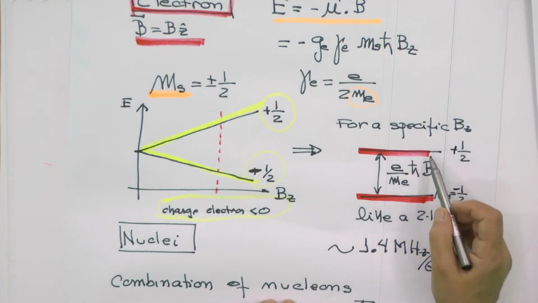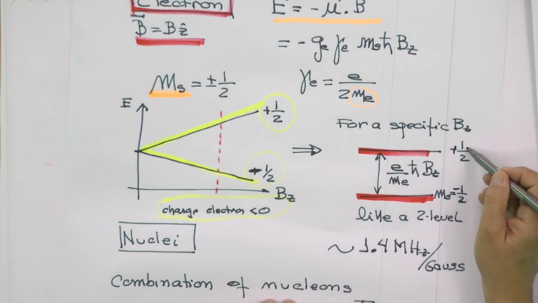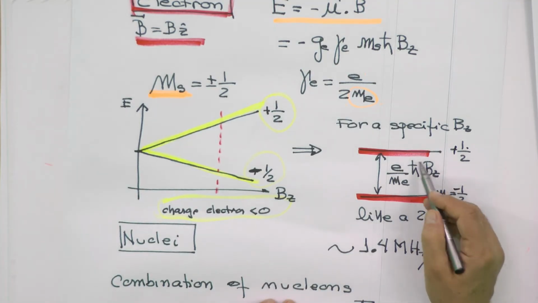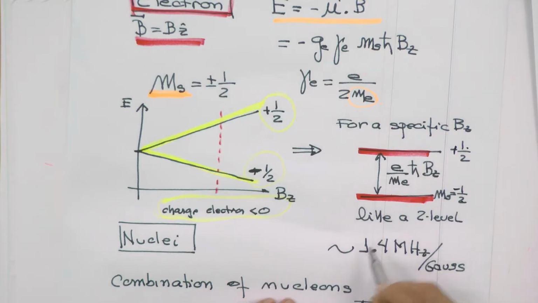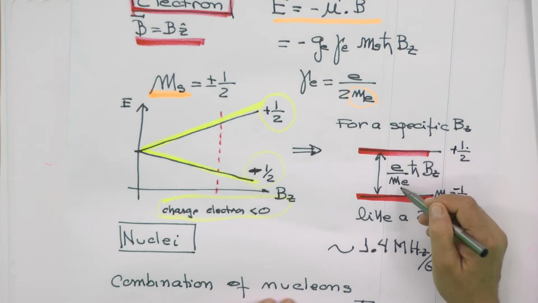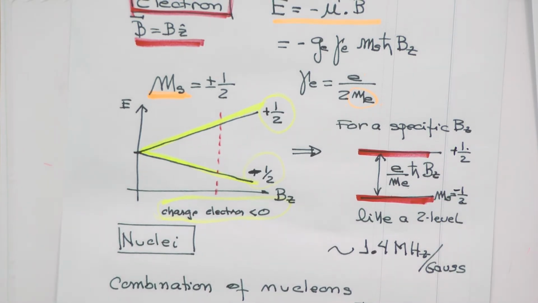And the energy separation, of course, from minus half to plus half, gives 1, right? So that's the energy separating the 2 levels: e divided by m, the mass of the electron, h bar Bz.